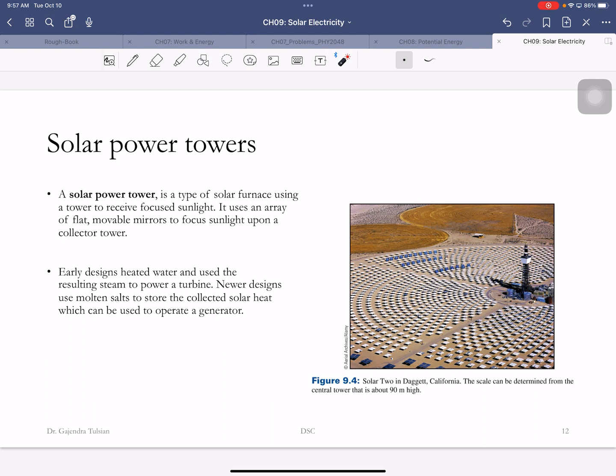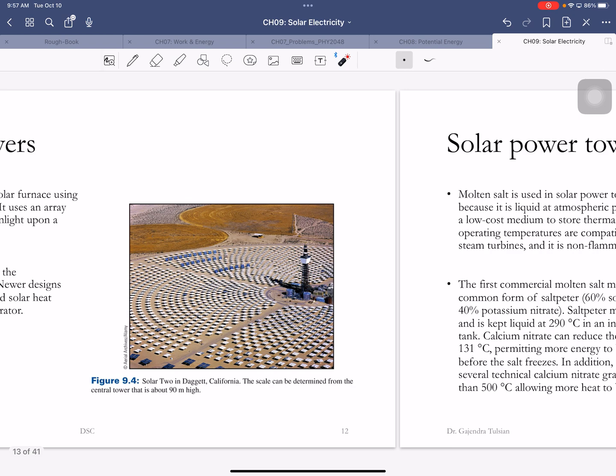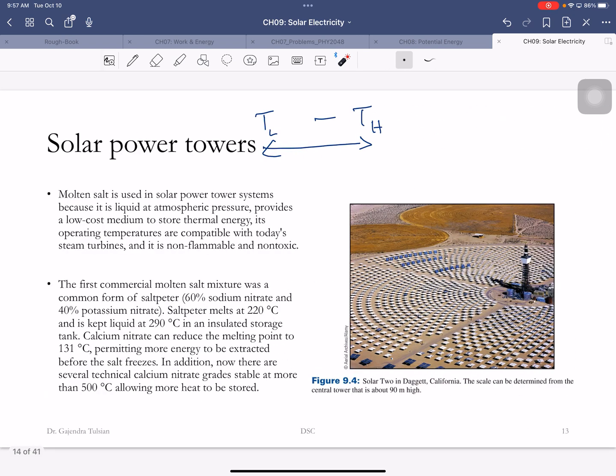Early designs heated water and used the resulting steam to power a turbine. Newer designs use molten salts to store the collected solar heat, which can be used to operate a generator. So you can store more heat in the salt, and it can store it for a longer time.